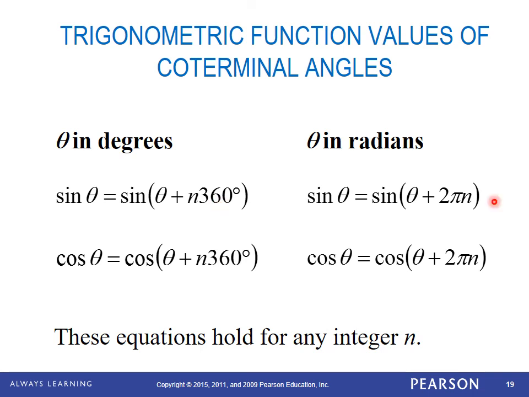So if we're at 45 degrees, and we say tangent of 45 degrees is 1, what's 45 plus 360? Tangent of 45 degrees is equal to 1, and it's the same thing as tangent of 405 degrees. It's still going to be 1 because the ratio is still going to remain the same.